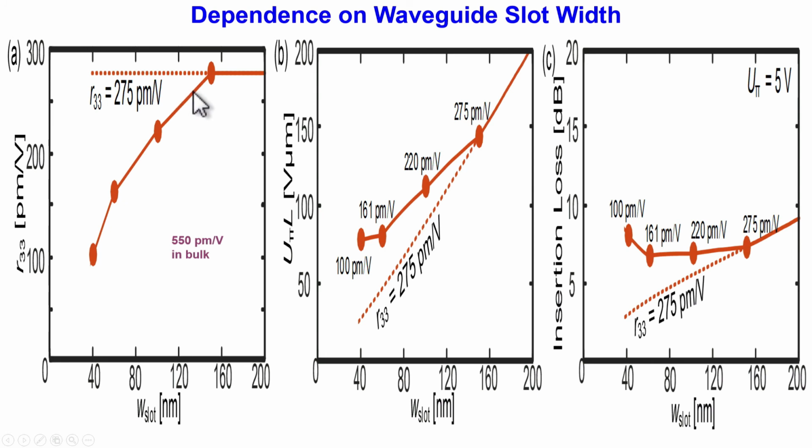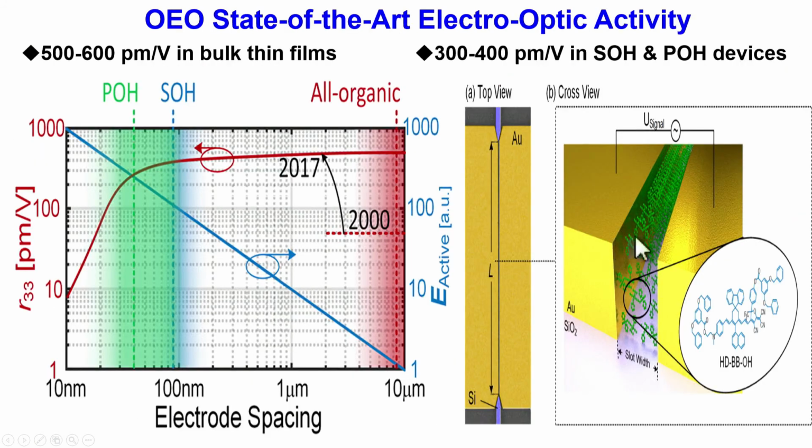This is a relatively new observation that is critically important, and it shows that as you go to small wavelengths, you start to see a dramatic drop-off of electro-optic activity, which impacts voltage length performance and also optical loss. And so what causes that drop-off? Well, theoretical simulations say that on the surface the chromophores lie down along the surface, so that they can't contribute to the electro-optic activity.